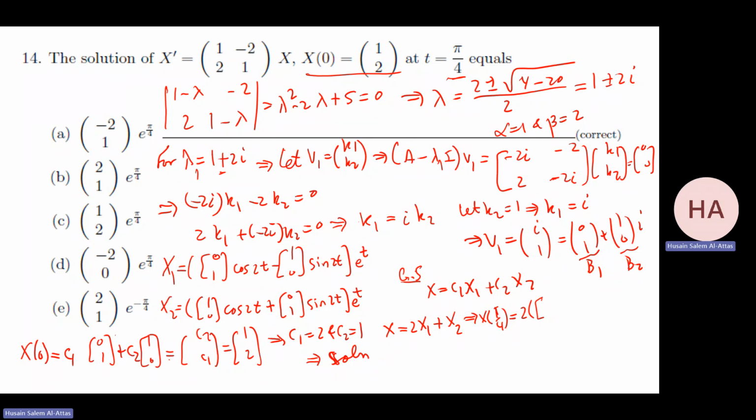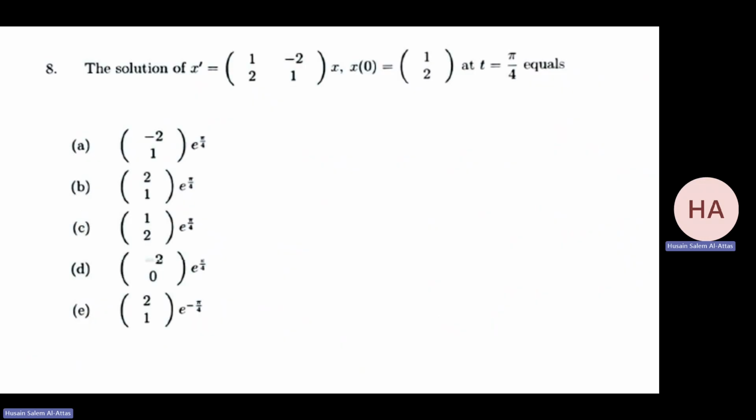And I have here sine pi over 2 is 1, so I have minus 1 and 0, e to the power pi over 4. Plus, now the next one, cosine 2 times pi over 4, it's cosine pi over 2, which is 0. So I'm concerned about the 0, 1. That will be 0, 1, e to the power pi over 4. So I'm getting minus 2 and 1, e to the power pi over 4.